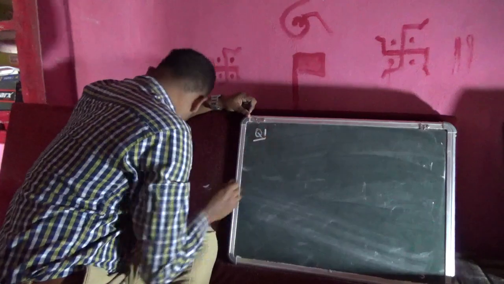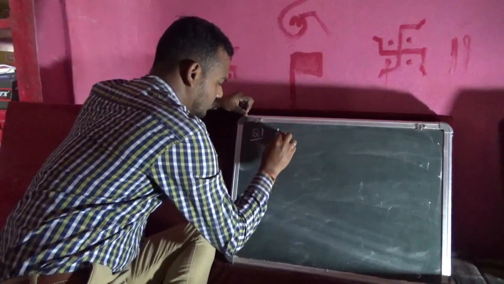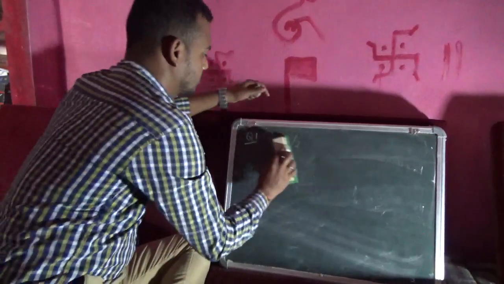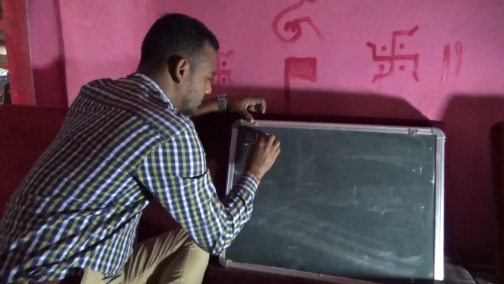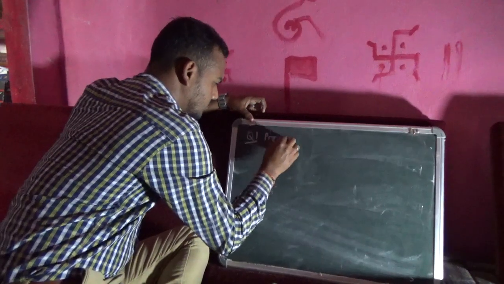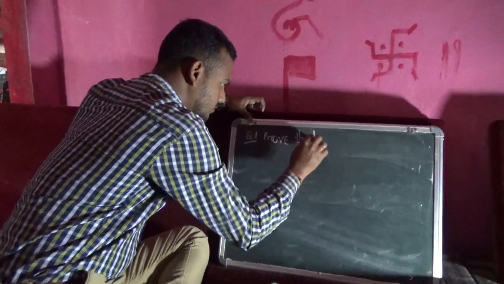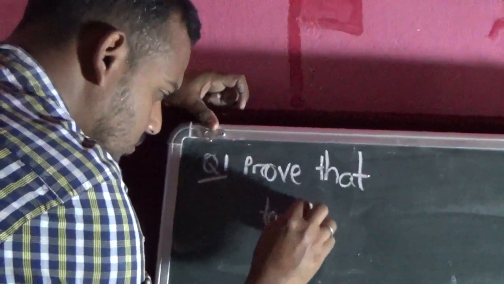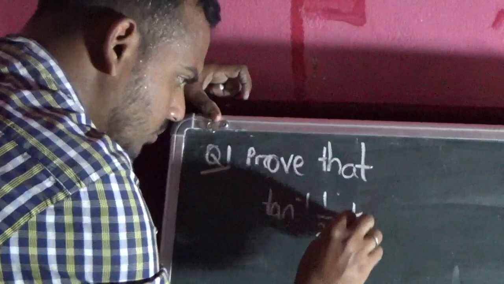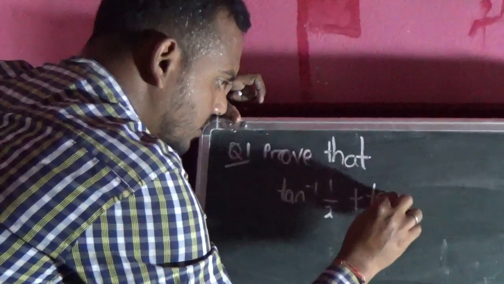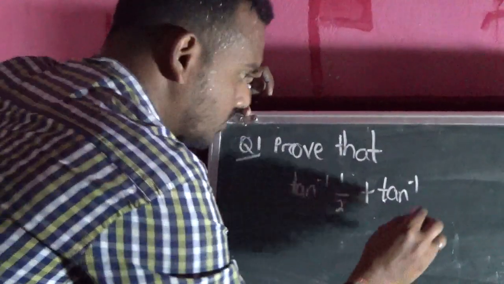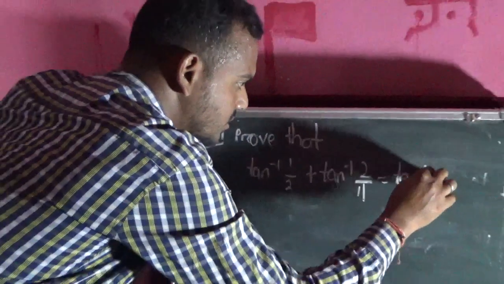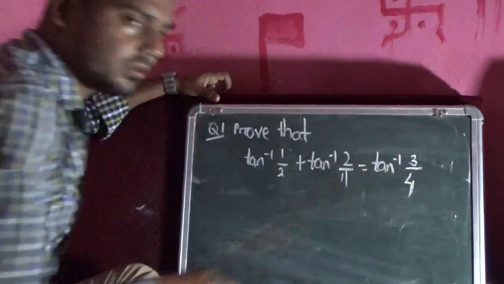The first question is prove that tan inverse 1 by 2 plus tan inverse 2 by 11 equals tan inverse 3 by 4.